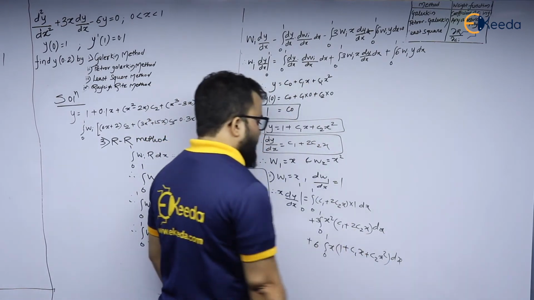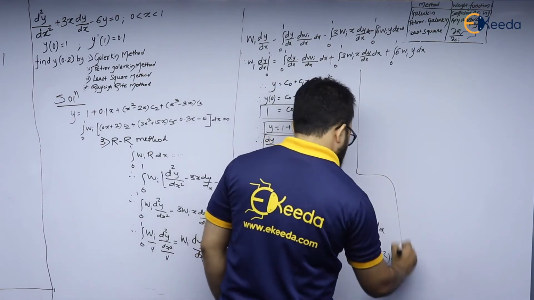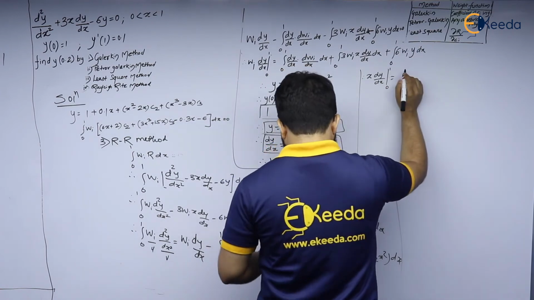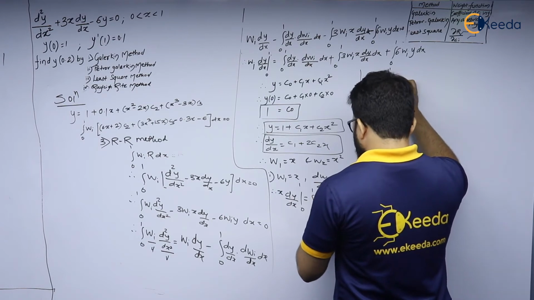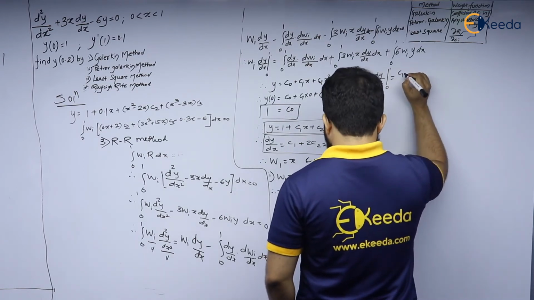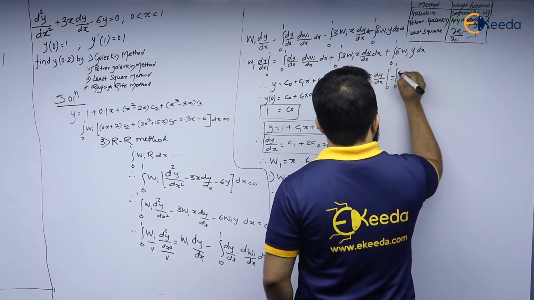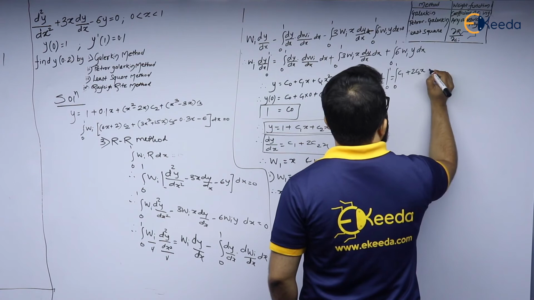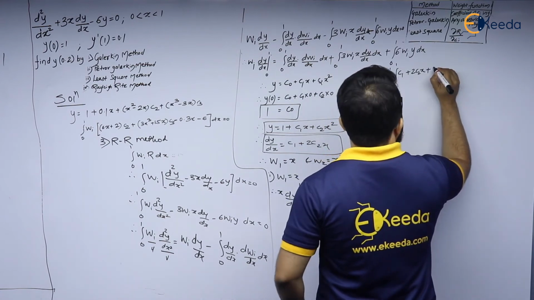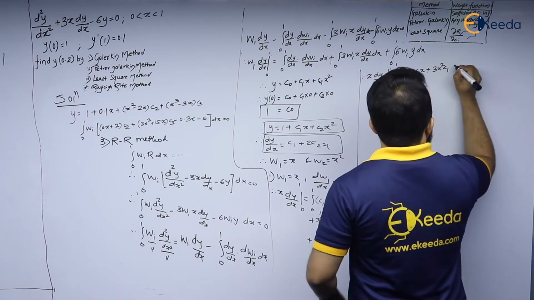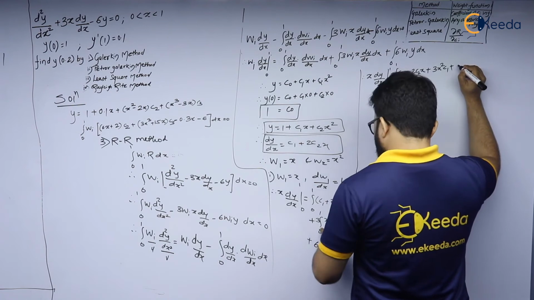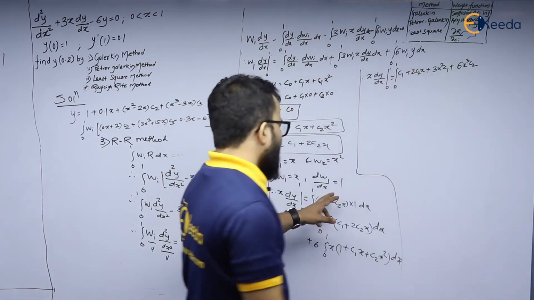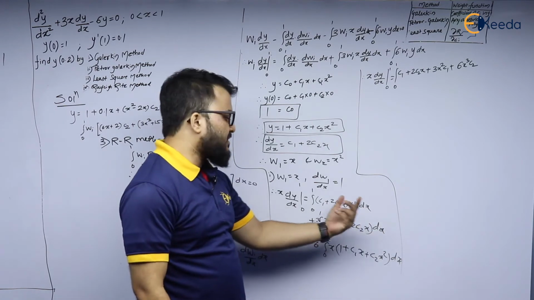Now I will integrate all these terms. After integrating, x dy by dx from 0 to 1 equals c1 plus 2c2x, plus 3x square c1 plus 6x cube c2, since 3 times 2 is 6. I merge this whole bracket, take C1 and C2 as common, and then solve the integration.